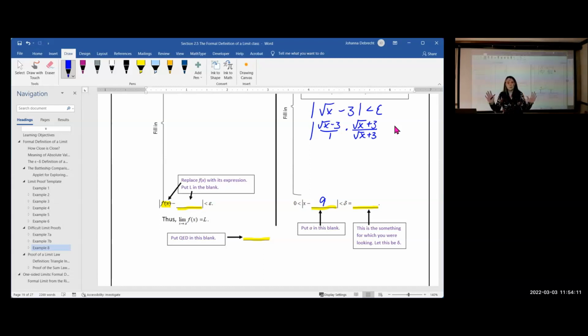When you're not doing it to both sides, you're only allowed to do those two things, multiply by 1 or divide by 1, and add 0 or subtract 0. All right, but adding 0 means adding a number and subtracting the number, and multiplying by 1 usually means multiplying by some expression divided by itself. In this case, the conjugate of the original radical.